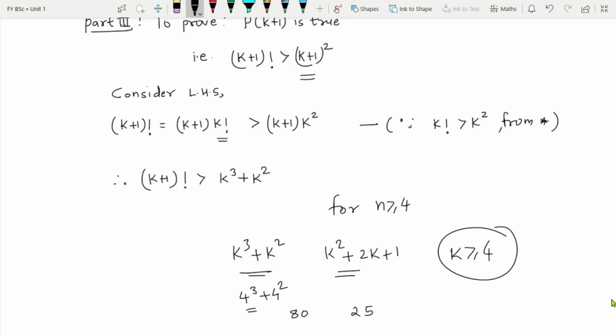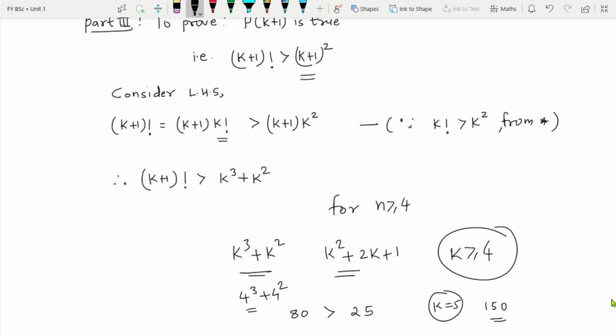Now if you go for the next value of k, suppose I put k is equal to 5, what will k cube plus k square be? 5 cube is 125, 125 plus 25 will be 150, the LHS. What about the right hand side? Putting k equal to 5, it will be 5 plus 1, that is 6 whole square, that is 36.